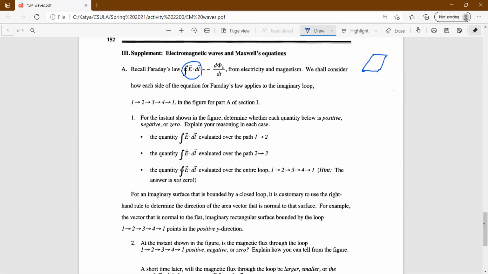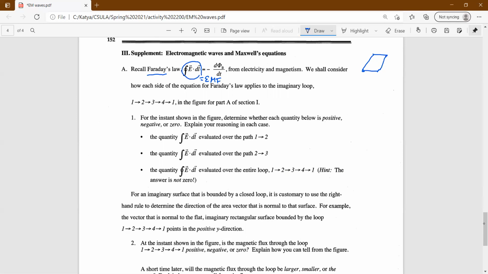And if you have a changing magnetic flux, this flux is going to create this electric field. Normally in Faraday's law, we call it electromotive force, EMF. But for equations, they don't use EMF, they use the integral. EMF is like the work which is done on the particles thanks to this change of the flux.